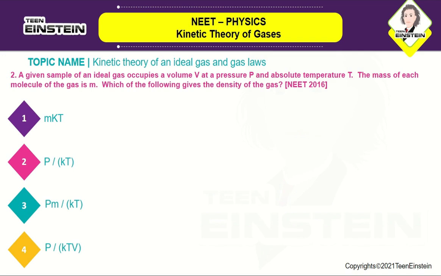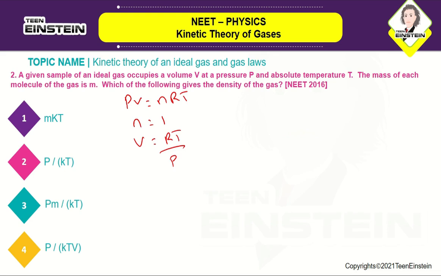So we all know that the ideal gas equation is given by PV is equal to nRT. So for n equal to 1, V will become RT by P.